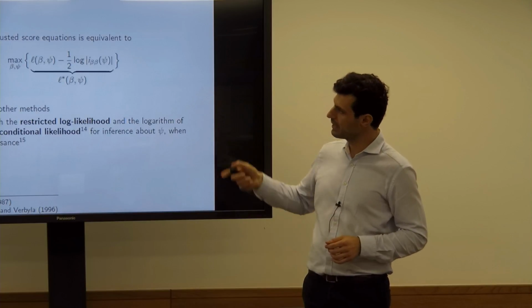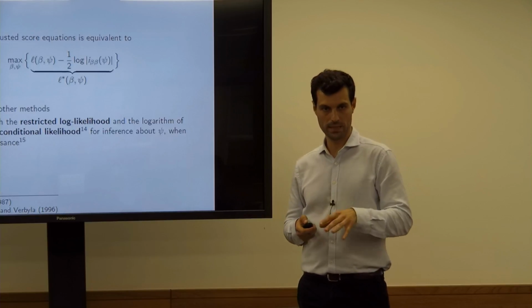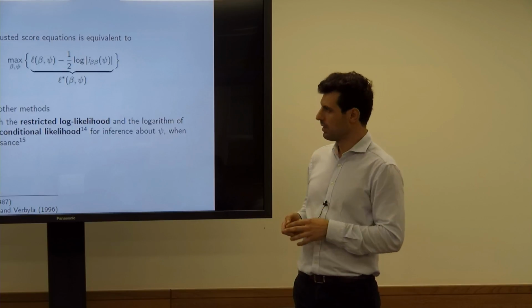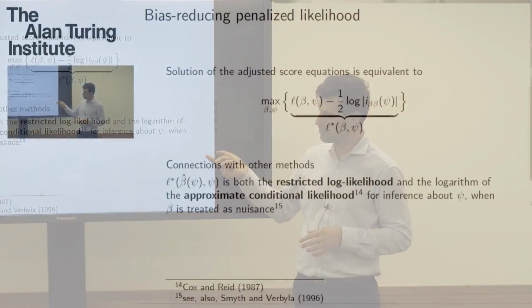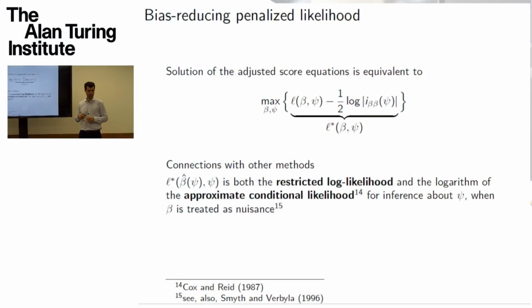There are some very neat correspondences between bias reduction and other methods out there. So basically here we reproduce REML if you plug in beta hat psi instead of beta. And also you get a celebrated method, the approximate conditional likelihood of Cox and Reid for inference about psi if you treat the main effects as nuisance.